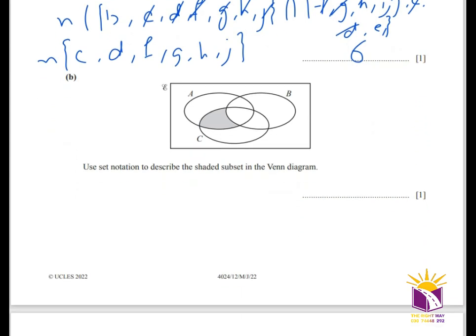Part B. Use set notation to describe the shaded subset in the Venn diagram. This is the shaded region, which will be A intersection C. But A intersection C also includes the common portion of A, B and C, and we do not want to include it in the answer.